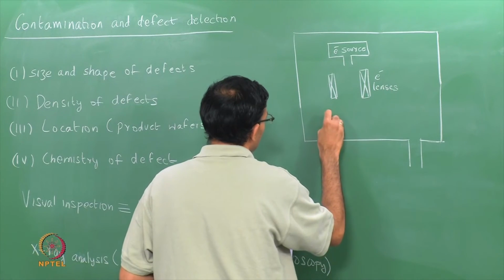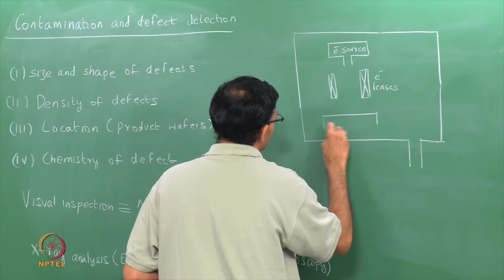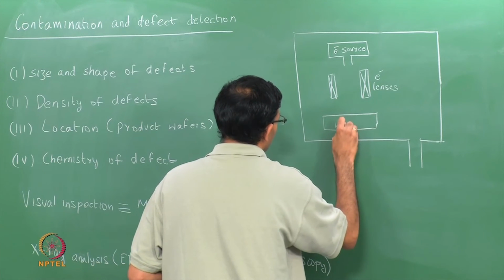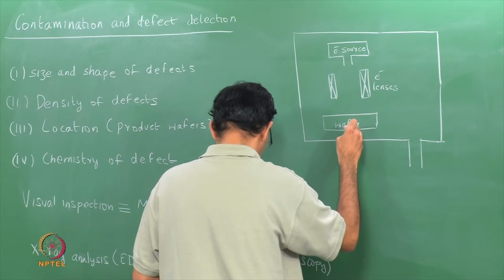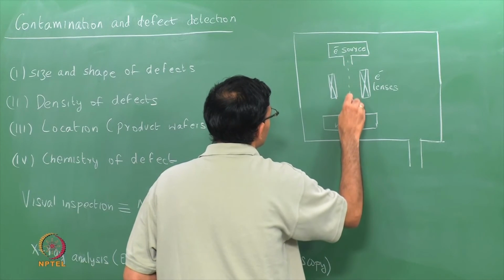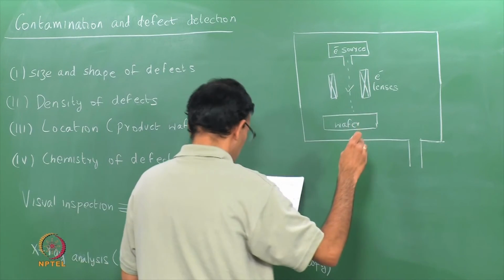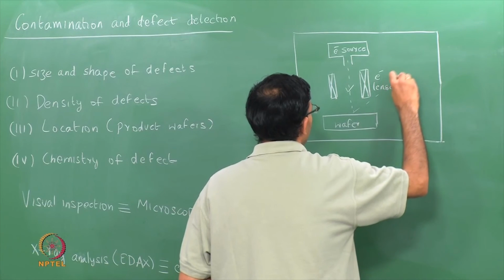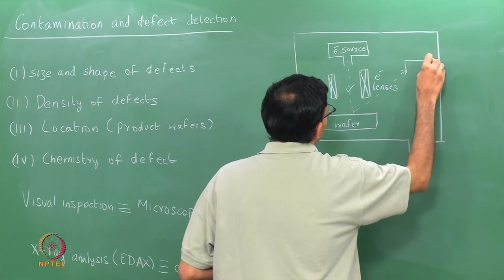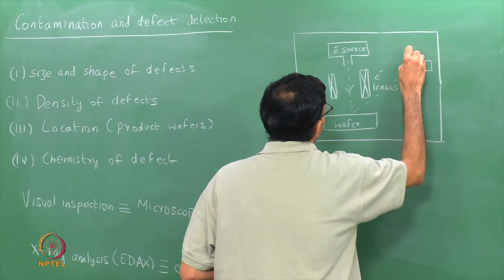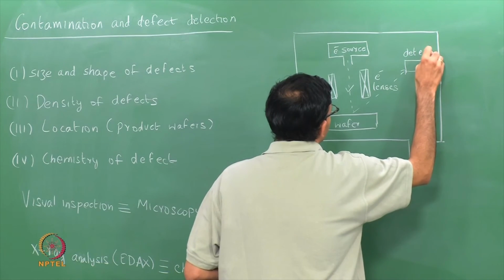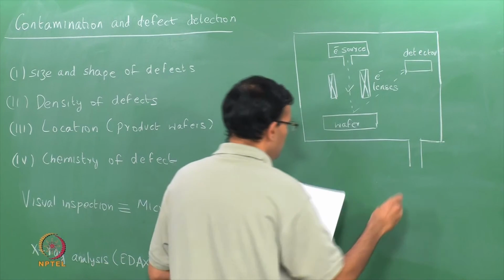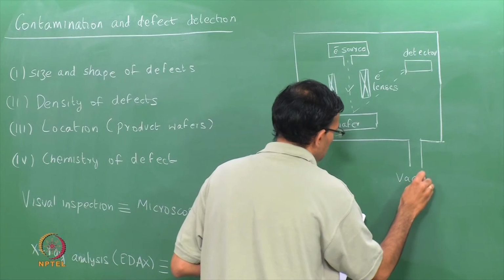Electron lenses, and then you have the wafer. There is some sort of a detector which is used for imaging. And the whole thing is evacuated.